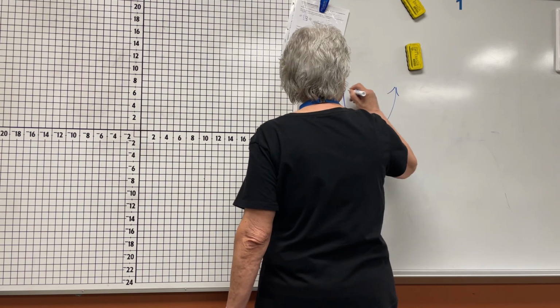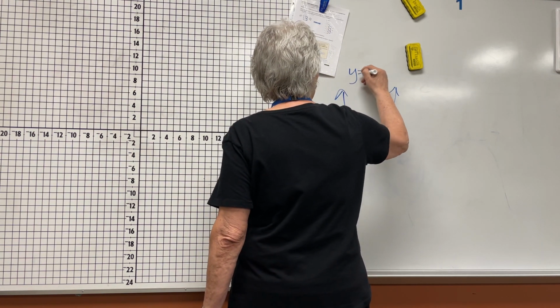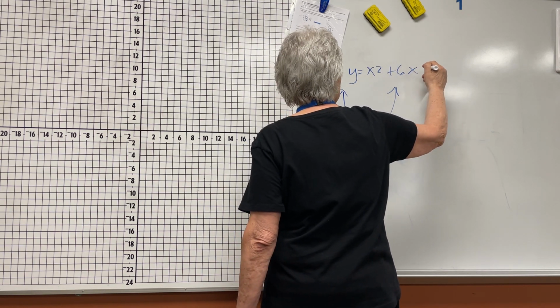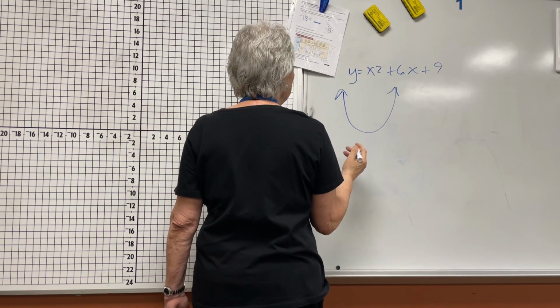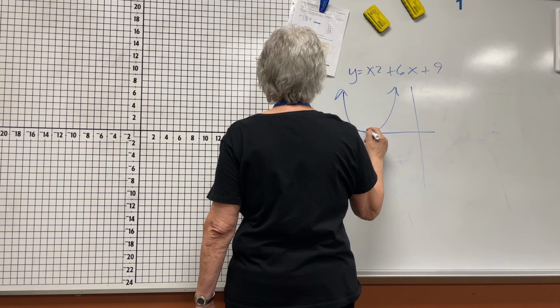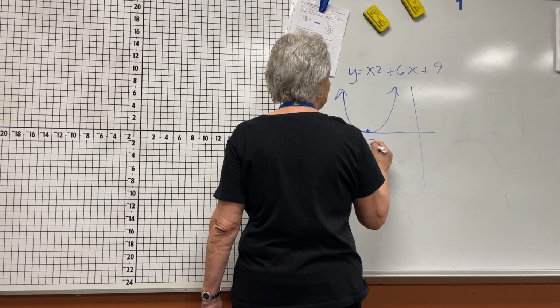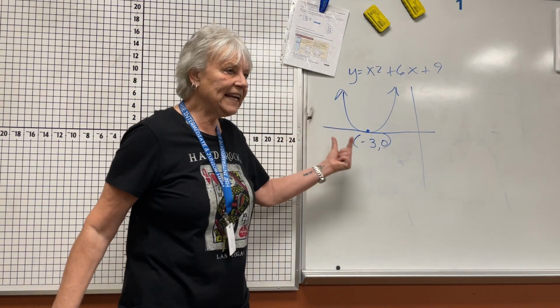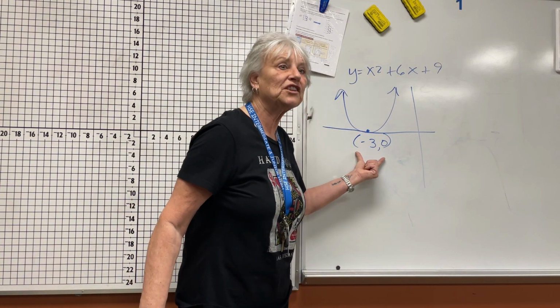So here's a parabola that was graphed by y equals x squared plus 6x plus 9. If my vertex, let's say it's on the axis right here at -3, 0. -3, 0 is the vertex.